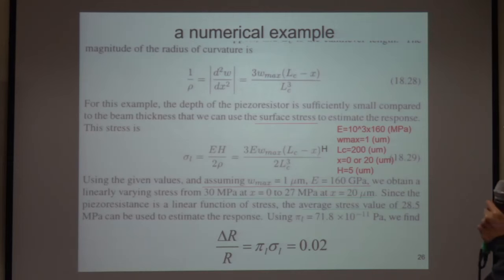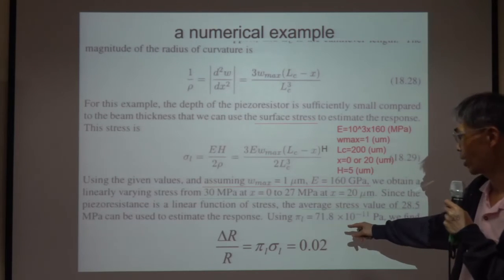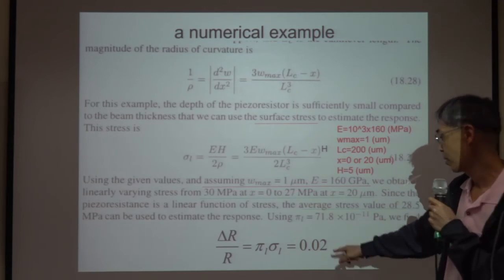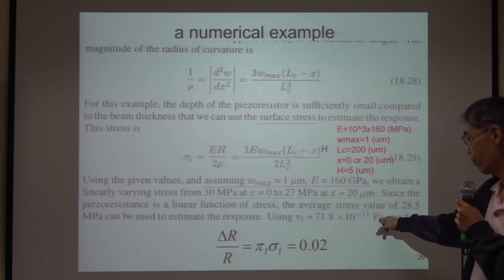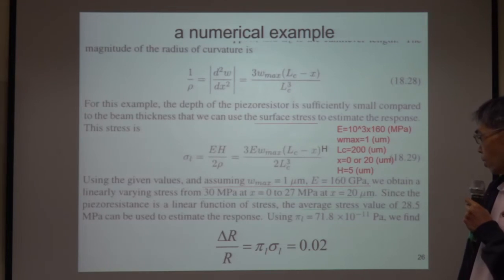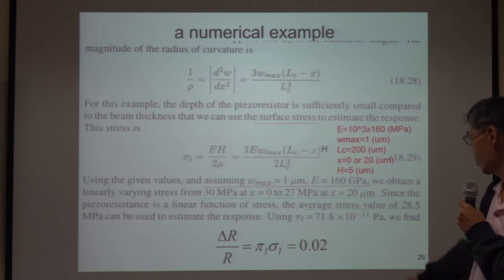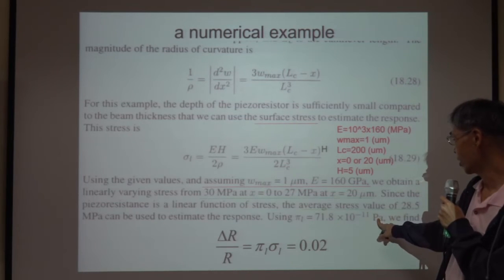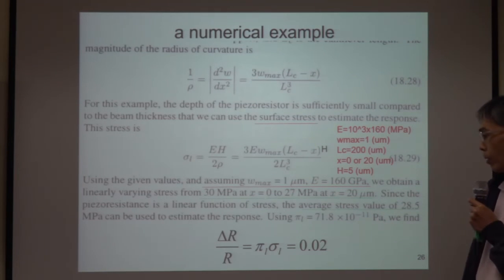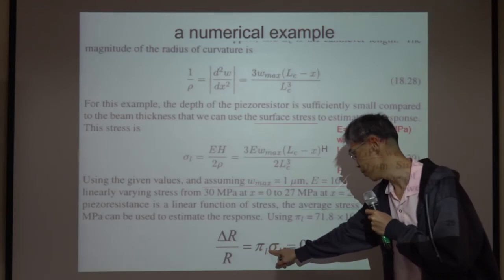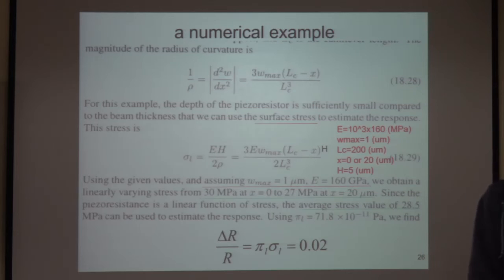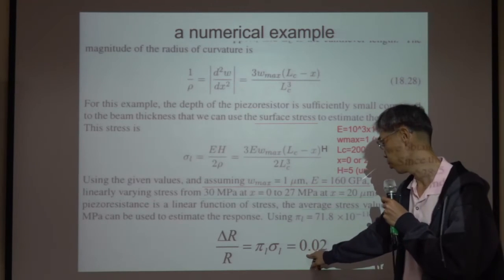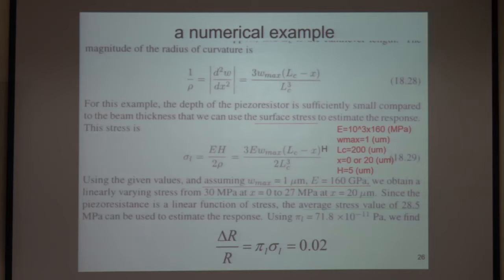So if we use 28.5 megapascal as the sigma L, and pi L is 71.8 times 10 to the minus 11th, 1 over Pascal, then pi L times sigma L. Please do the calculation to convince yourself the result is 0.02. Sigma L times pi L.